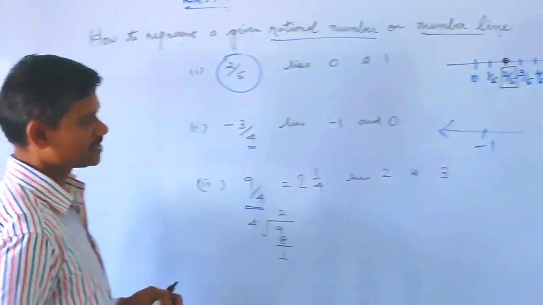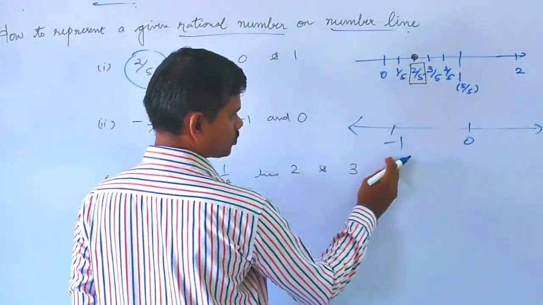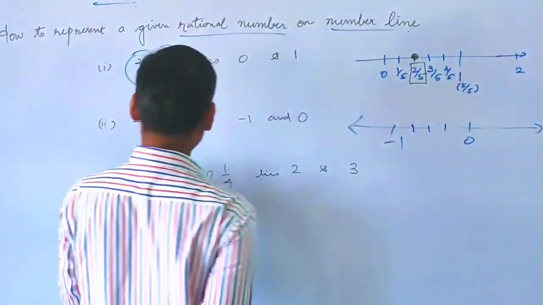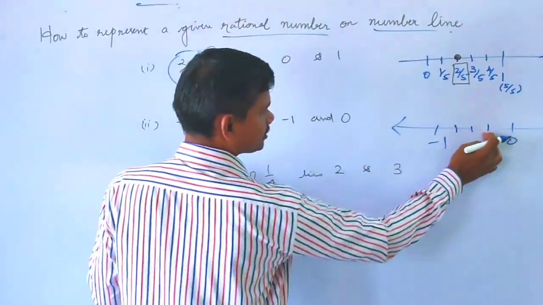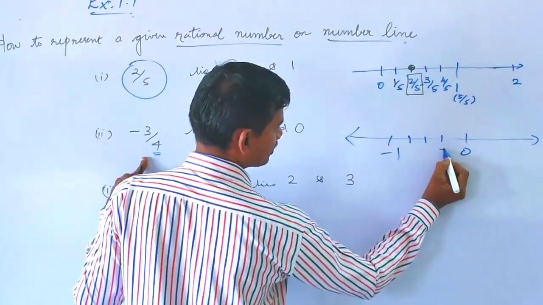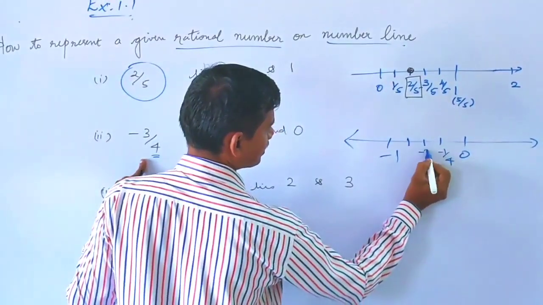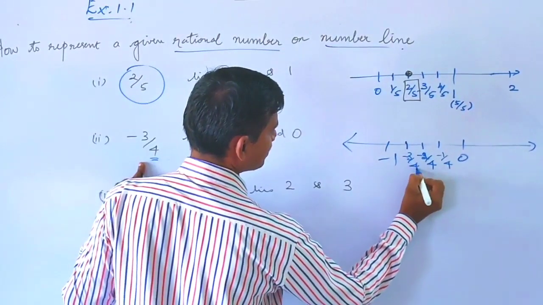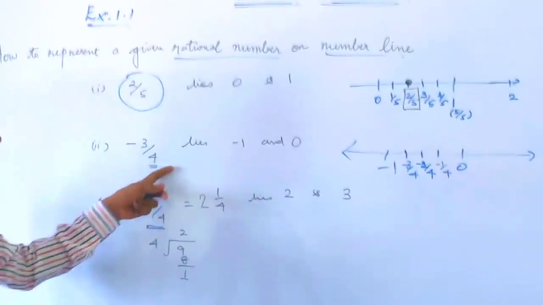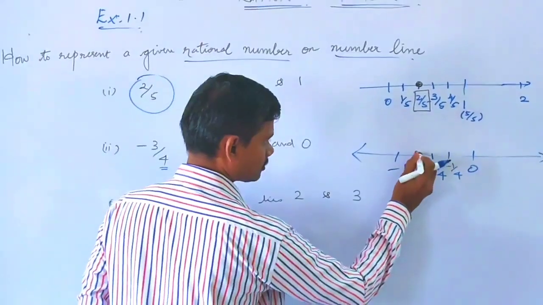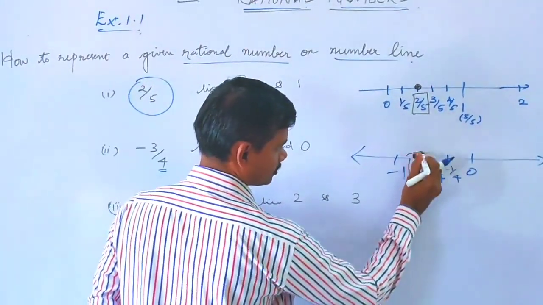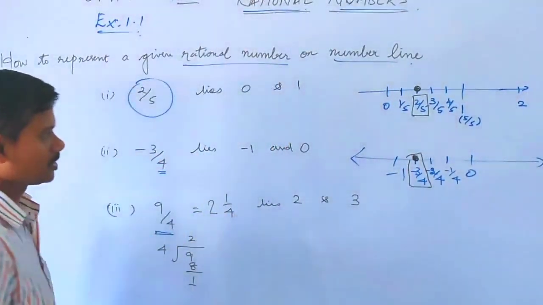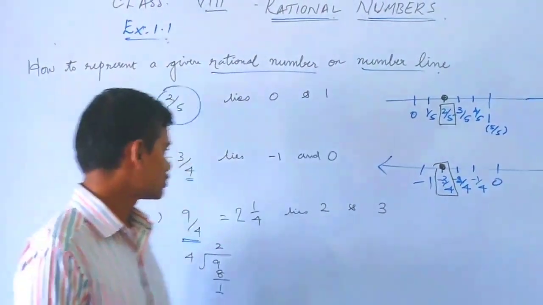Now I am going to divide 0 and minus 1 into 4 equal parts by drawing 3 lines. Here the first one is minus 1 by 4, the second one is minus 2 by 4, the third one is minus 3 by 4. Here minus 3 by 4 lies here. So this is my rational number on the number line.